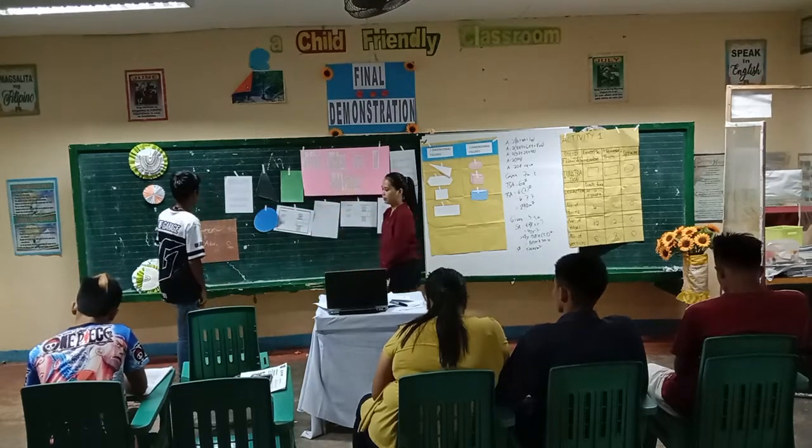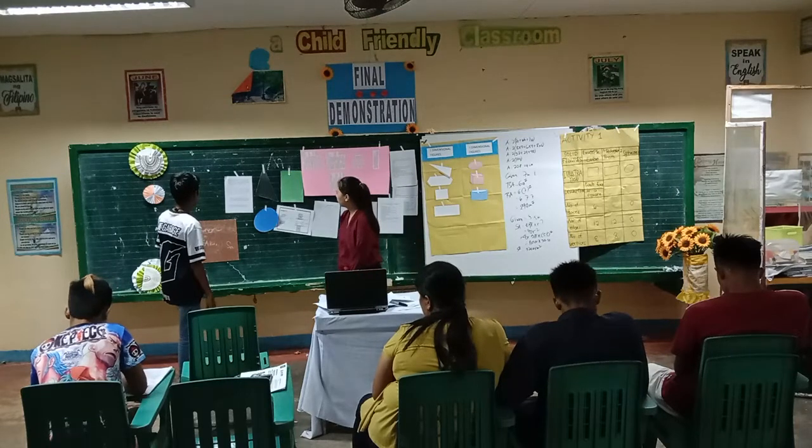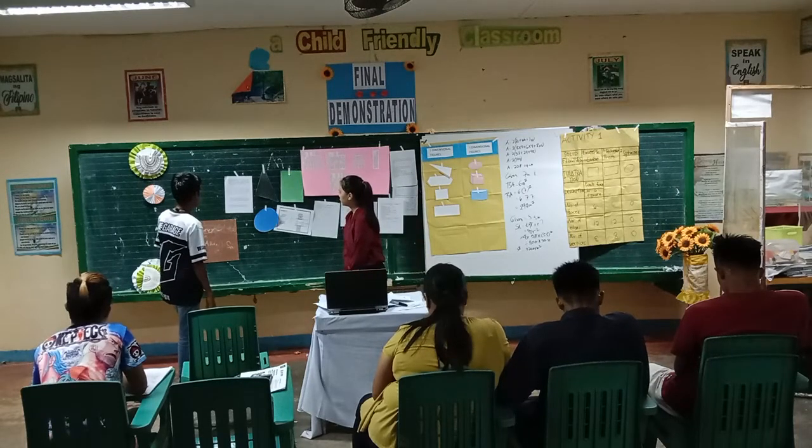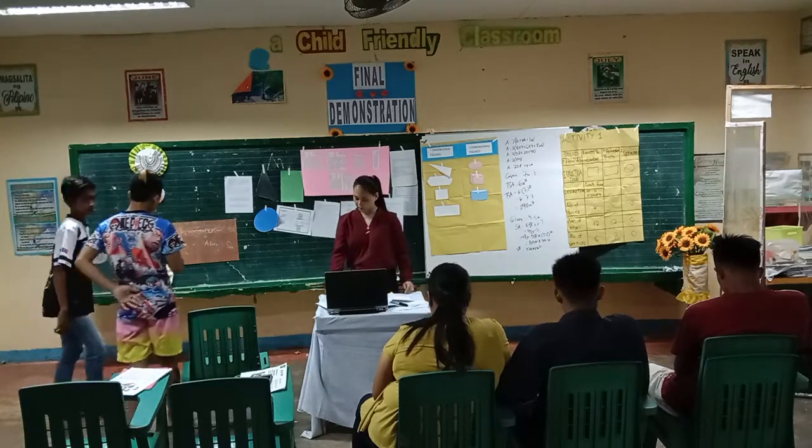If the side wall of a cubic structure has a length of 7 meters, then find the total surface area. What is your solution to number 4, ma'am?